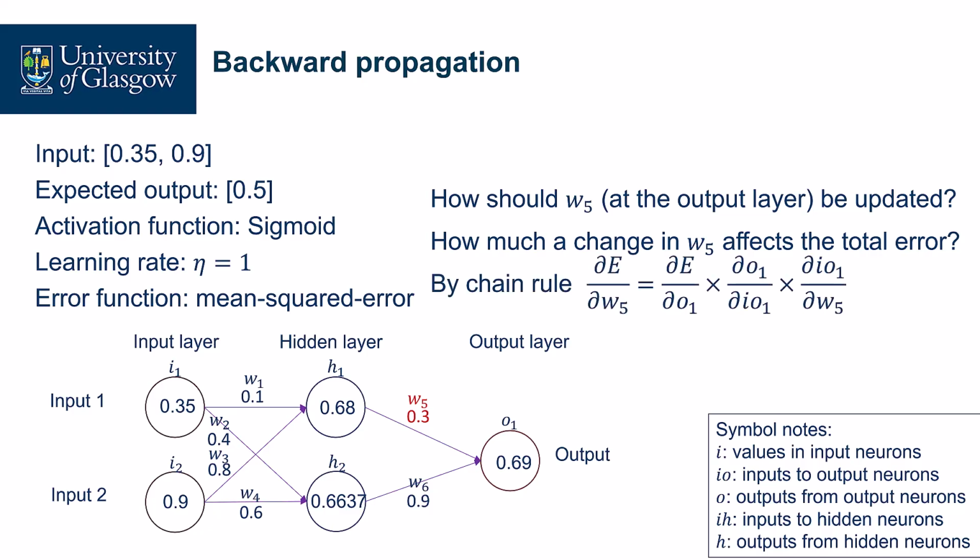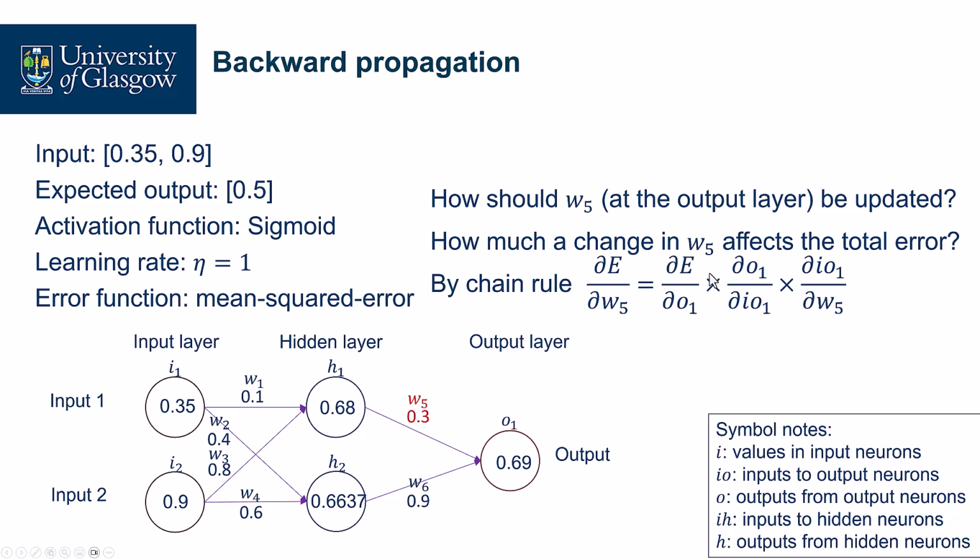There is a chain rule. We can say that the partial derivative of the error with respect to W5, we can consider it like this. The first item is the partial derivative of the error with respect to O1. What is O1? O1 is the output of this neuron, right?